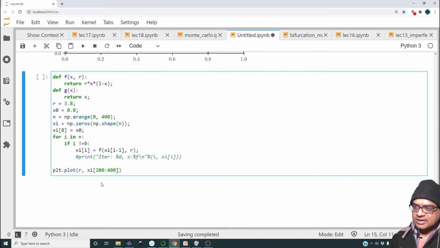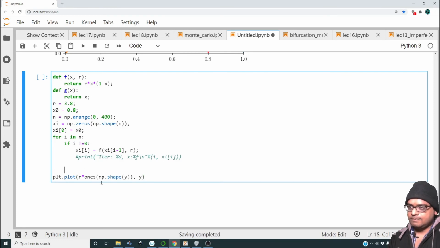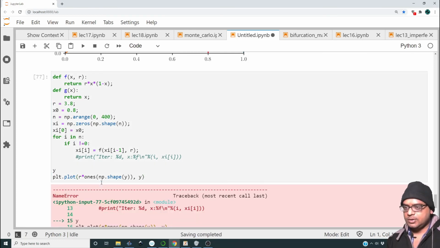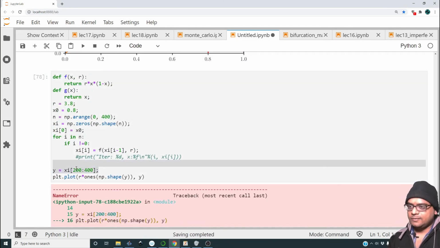But now r is a scalar value, so we need to multiply it by ones. So r times np.ones of np.shape xi 200 to 400, or rather let us define this as y. Oops, sorry.